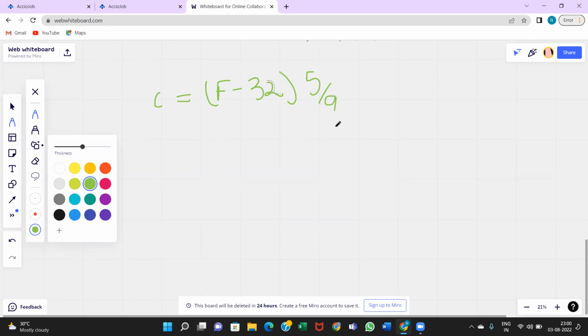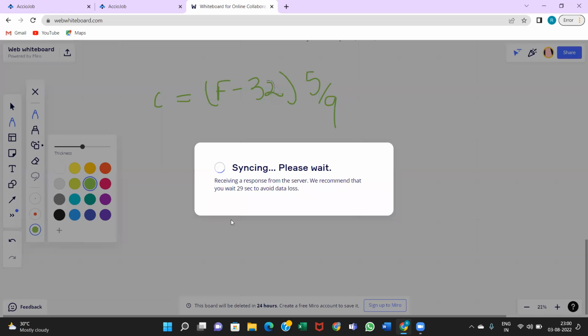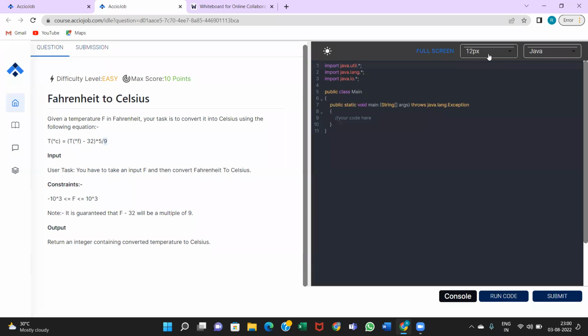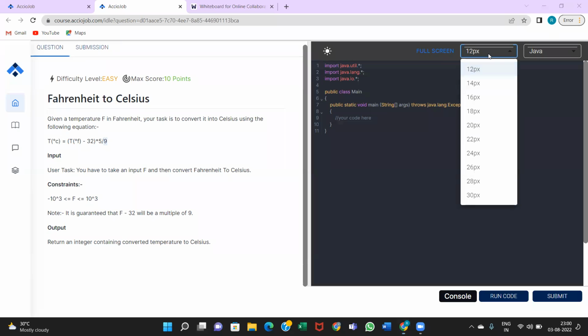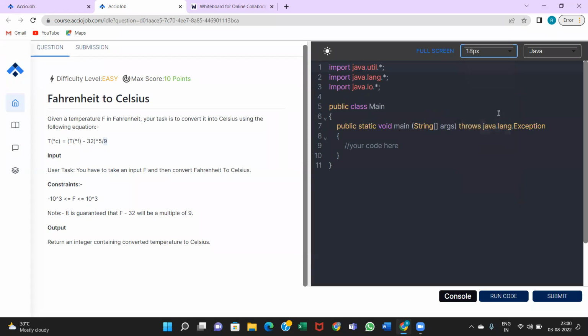Let it do its thing for 26 seconds. So I'm directly jumping to the code part because there's no more logic. We have to just return an integer containing the temperature converted to Celsius.